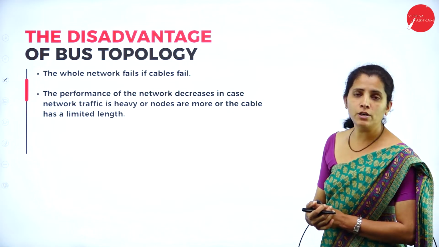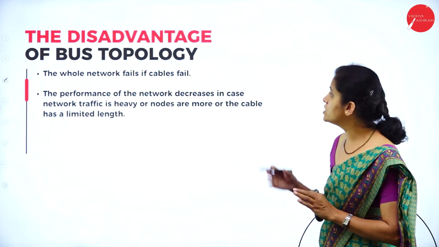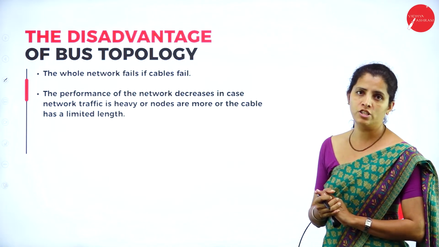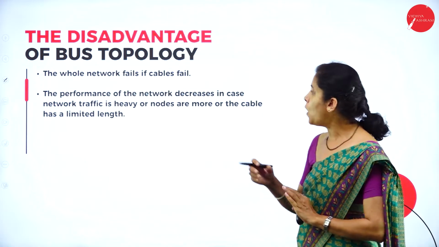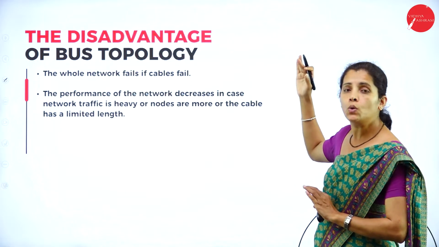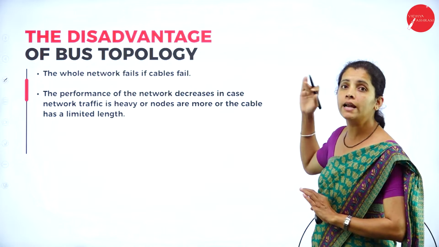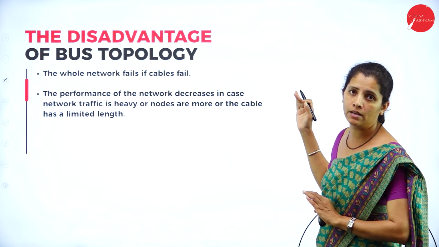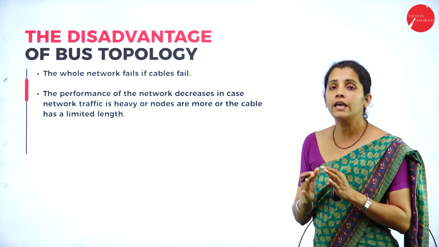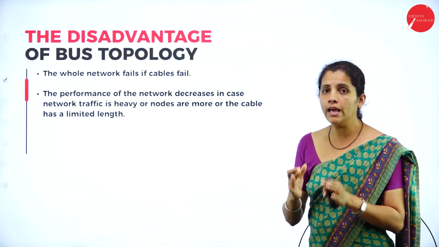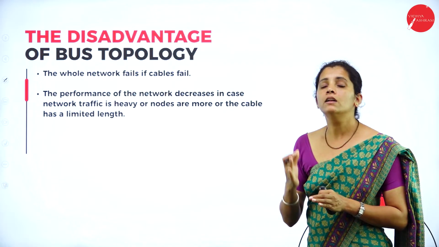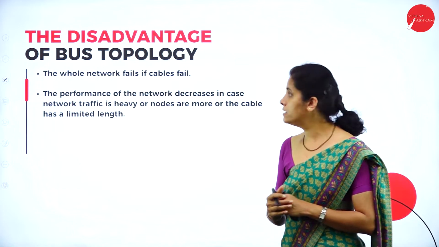Now let me discuss the disadvantages of bus topology. So dear student, all the systems depend on the central single cable, and if the cable fails, then the entire network fails.